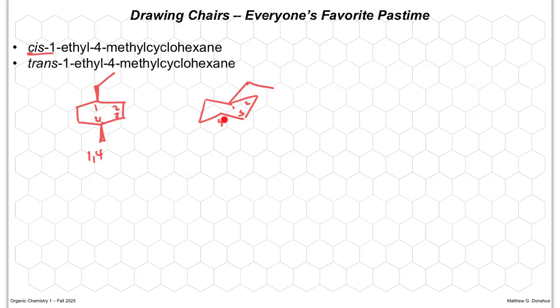So we count over to 4. The 4 carbon is now up. We want the methyl group to be up, so the up bond there is axial. So we have equatorial, axial.